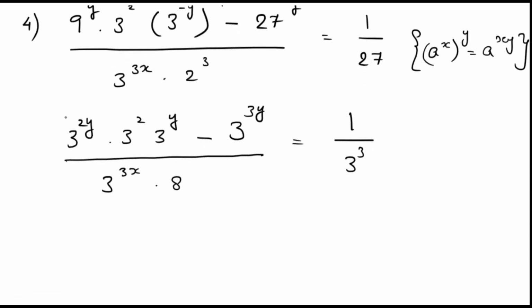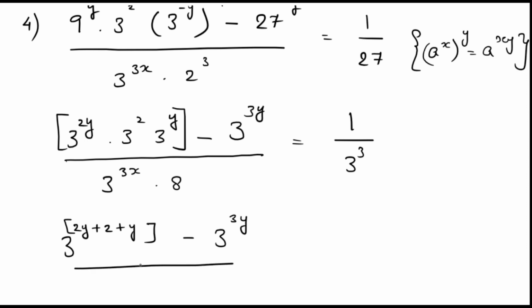Now, in these terms, when the base is common, the powers can be added. So this will become 3 to the power 2y plus 2 plus y minus 3 to the power 3y. The whole divided by 3 to the power 3x into 8.